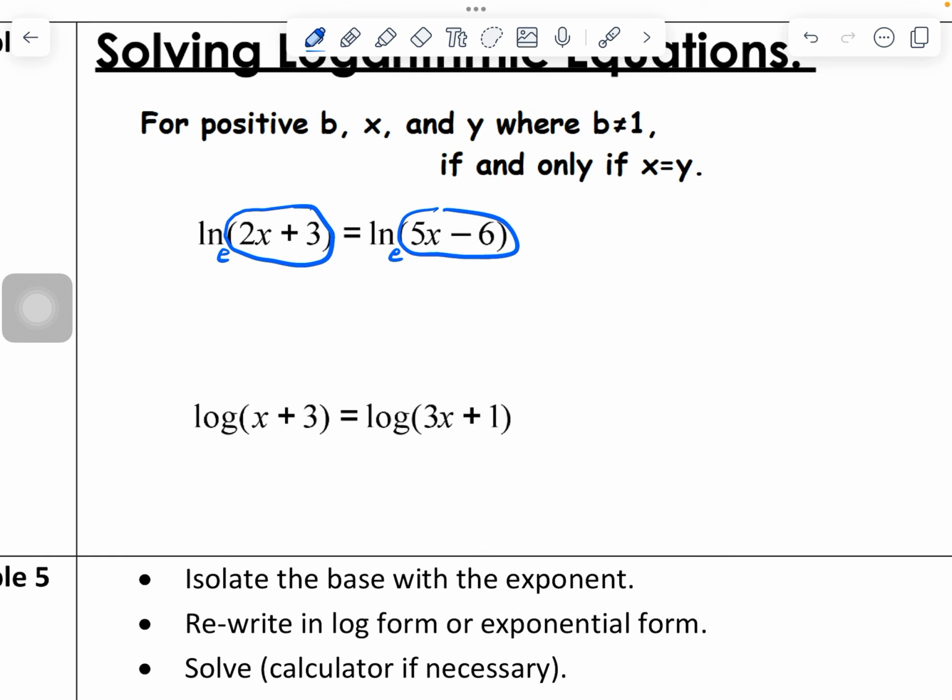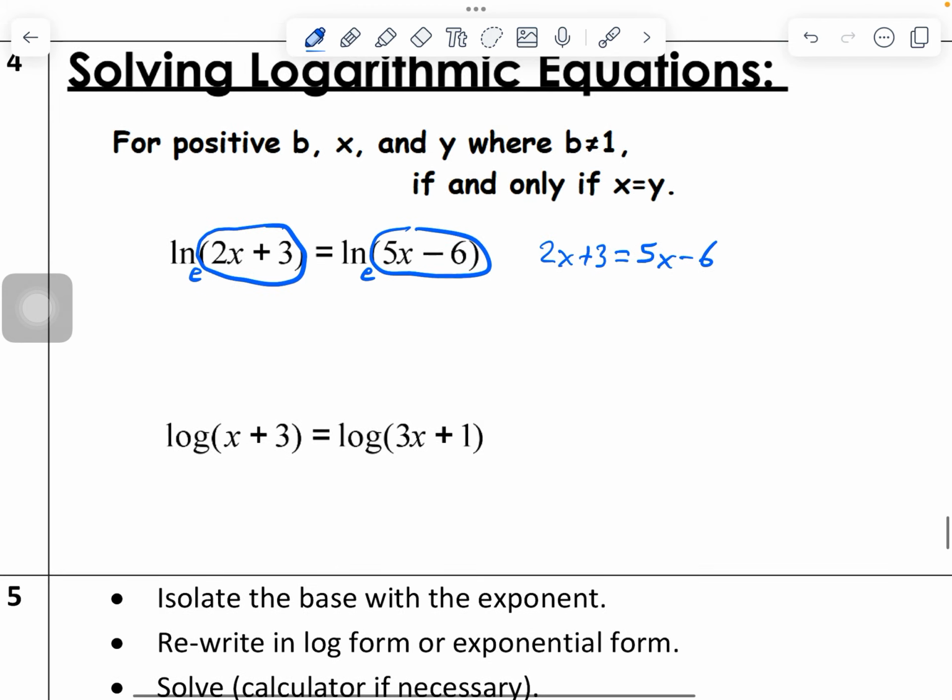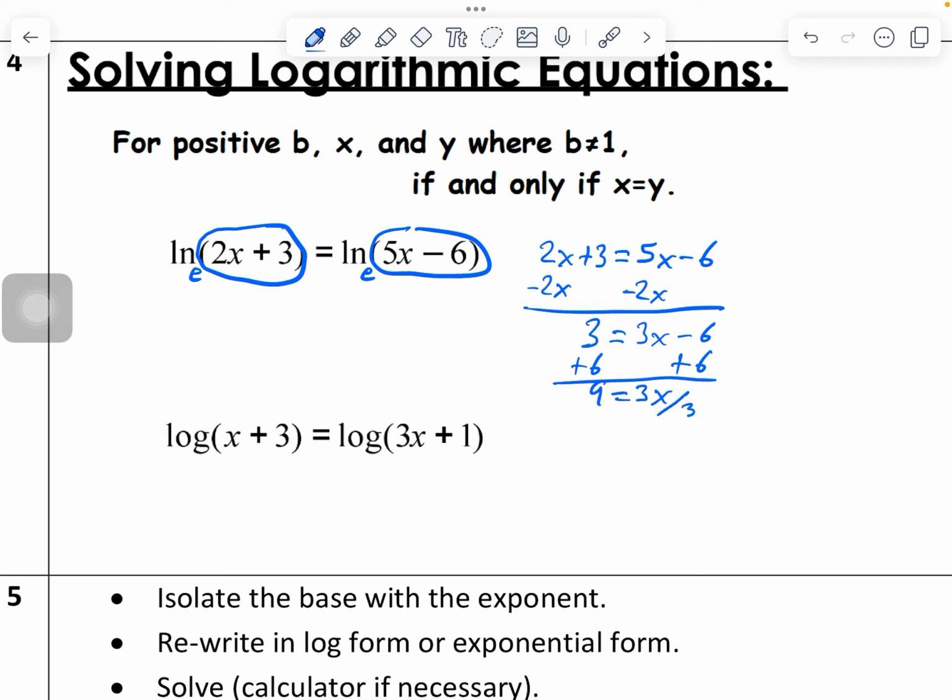So we can assume that 2x plus 3 is equal to 5x minus 6. So we would subtract 2x. We would get 3 is equal to 3x minus 6, add 6, 9 equals 3x, and then when we divide by 3, we get x equals 3.